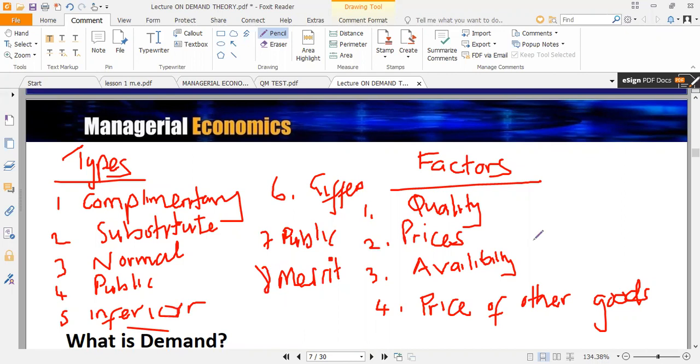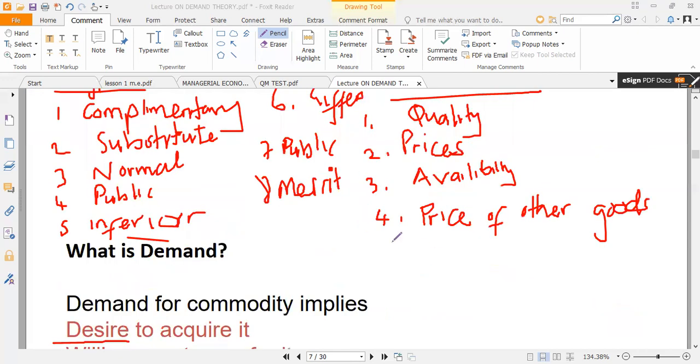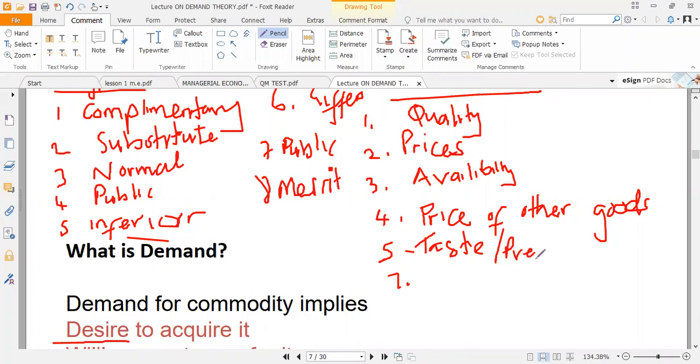Great. So we're discussing the factors that affect your demand. Chance, I just added one to say the taste. Yes, very important. Taste affects your demand. What else? Taste or preference, the same thing. What else? Your income. What else?